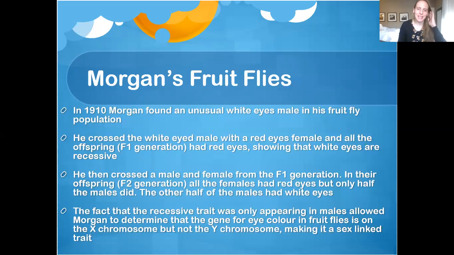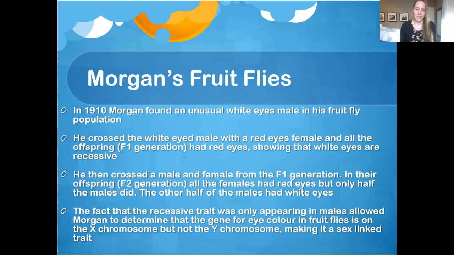So this was back in 1910 that Morgan found amongst his fruit flies that one of the males had strange white eyes. Usually they have red eyes. And so he crossed that white-eyed male with a red-eyed female, and all of the offspring, which is the F1 generation, had red eyes, which meant that the white eyes were recessive.